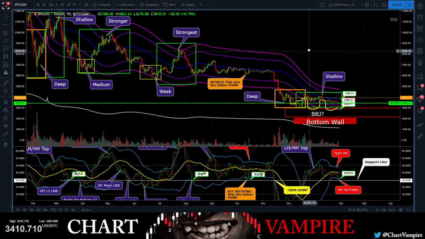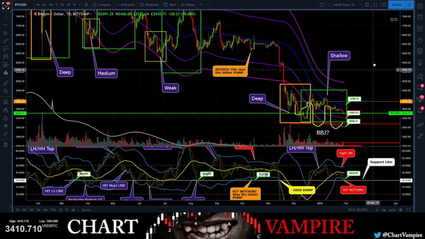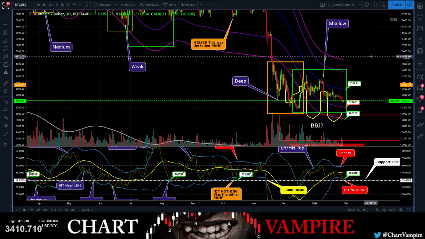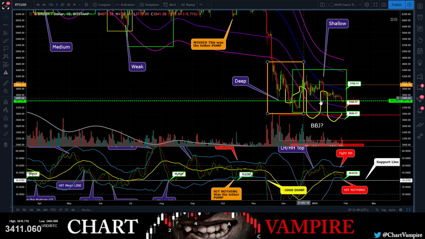Anybody who posts a $5,000 reversal target, just call them out on Facebook, or just unfollow them right now. A $5,000 retracement would be absolutely historical.